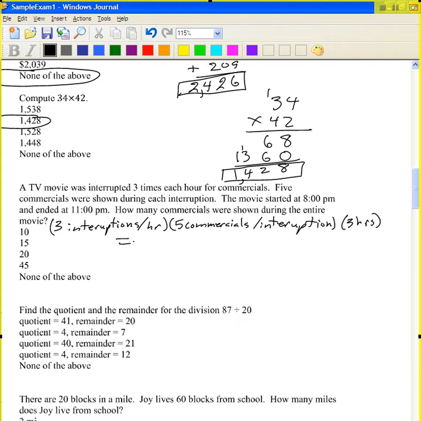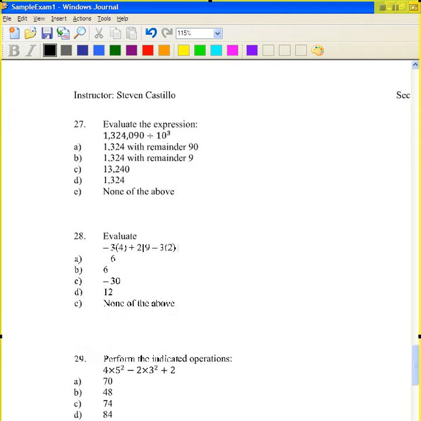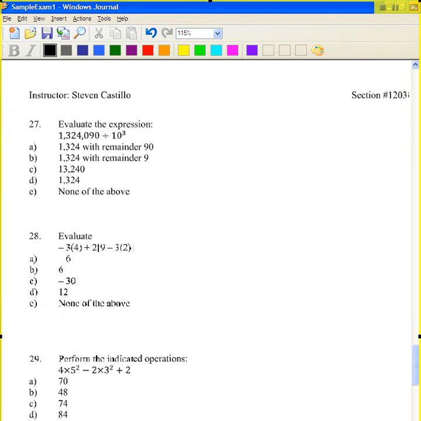And so it says how many commercials were shown. And so you just multiply that together. 3 times 5 is 15, times 3 is 45. So there are 45 commercials. And so, oops, just made a little error there.